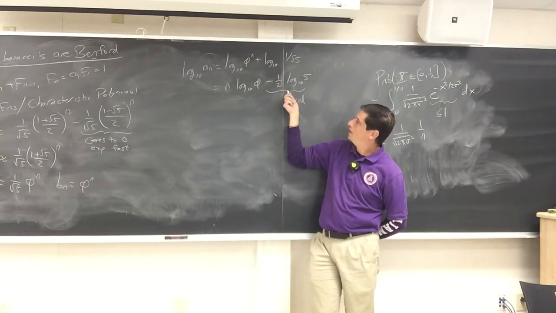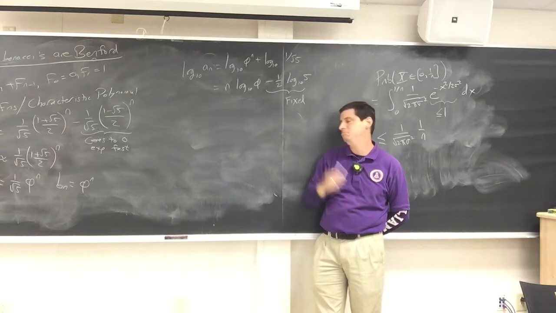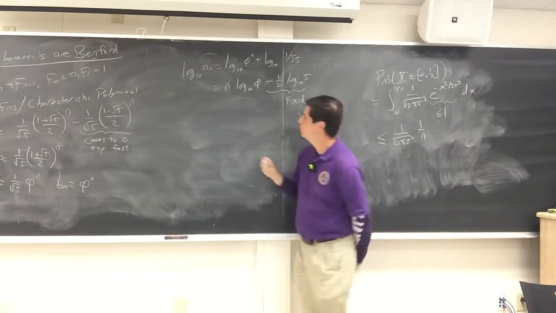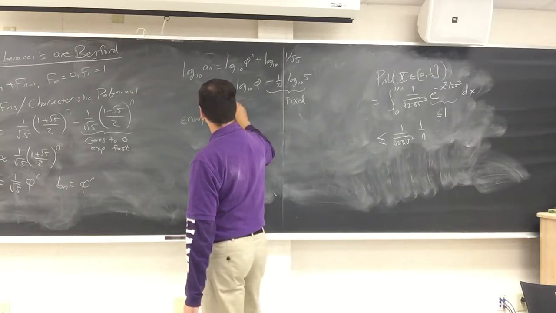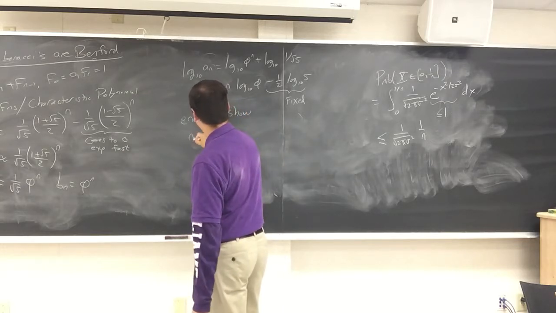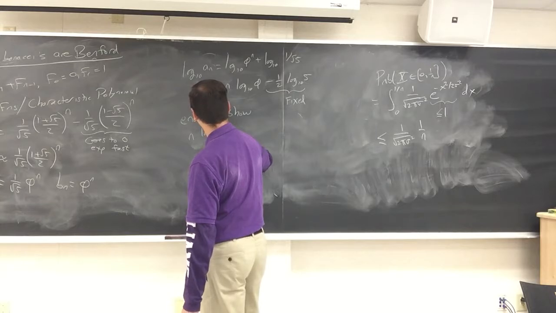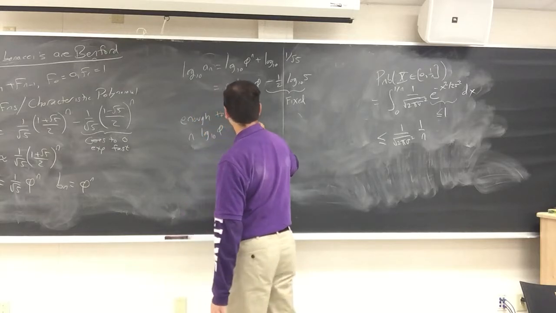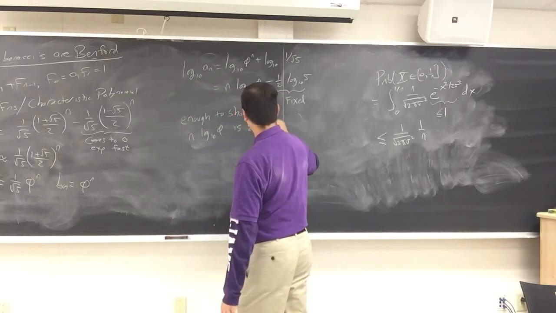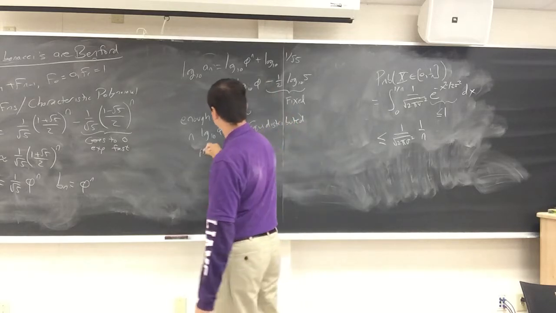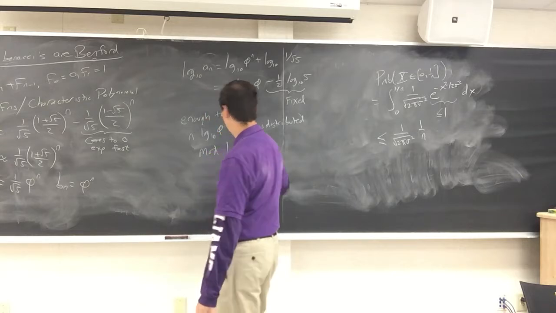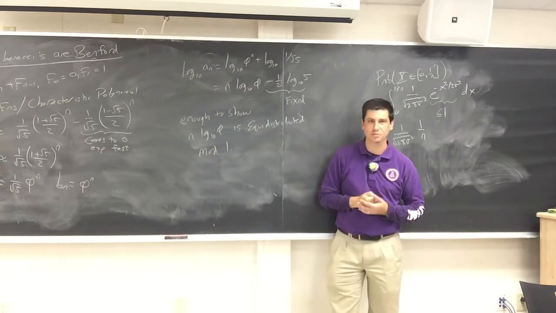The minus 1/2 log 5 base 10 doesn't really matter. It's just a shift. So it's enough to show that n log base 10 of phi is equidistributed mod 1. Or if you want, it's uniformly distributed mod 1.